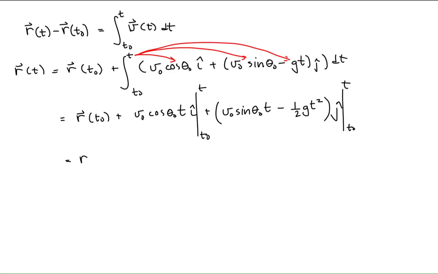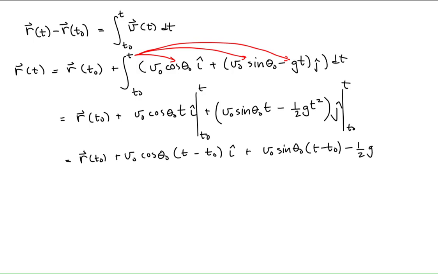So this is the initial position vector plus v naught cosine theta naught evaluated between t and t naught. This is the x component. Plus v naught sine theta naught evaluated from t naught to t, minus 1/2 g times t squared minus t naught squared.